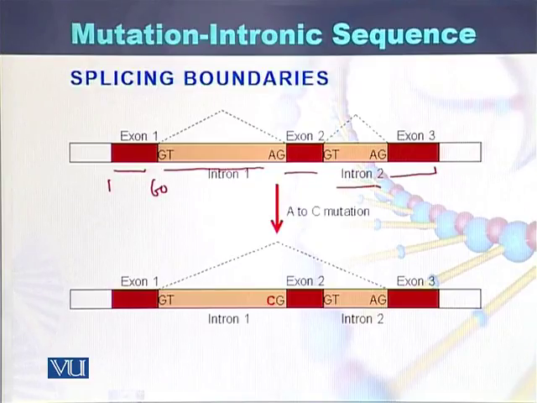Then the next exon starts at 61. Let's say it ends at 100, then nucleotide 101 will be the first nucleotide of exon 3. So this is the pattern of writing coding DNA sequences in eukaryotic genes, because there are intronic sequences present between the exons.